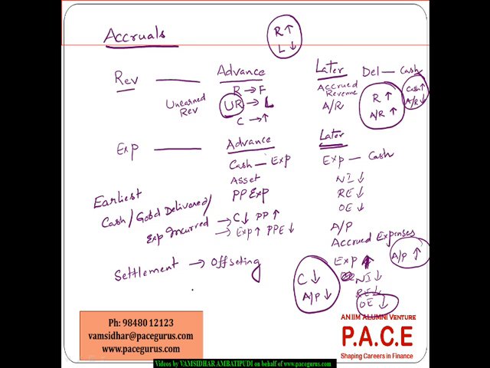But the prime intention is, whether it is revenue or expense, to represent it in the financial statement during the period to which it is most appropriate, not the period in which you have received the cash or paid the cash, but to recognize it during the period which it really corresponds to. That is the major intention behind using the accrual process with respect to the assets and the liabilities, creating accrued assets and liabilities.